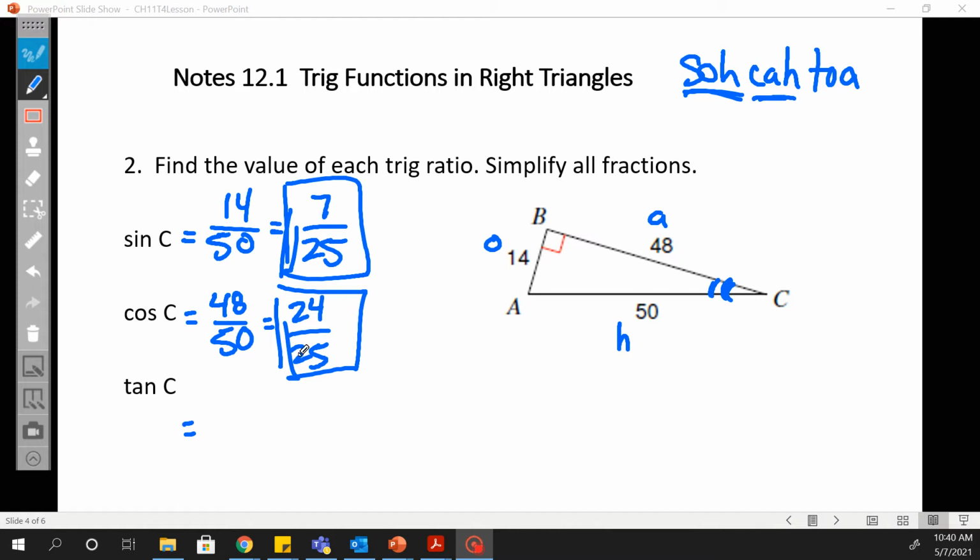Then the tangent of angle C is opposite over adjacent, so the opposite is 14, the adjacent side is 48. They might both be divisible by 14. Is 48 divisible by 14? No. So they're both divisible by 2, so it's 7 over 24.